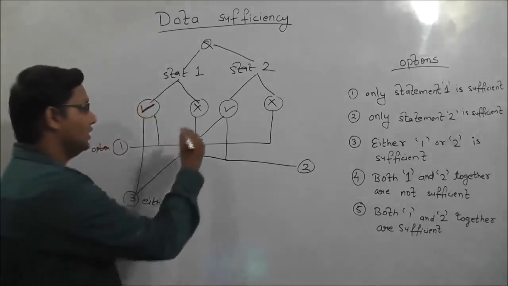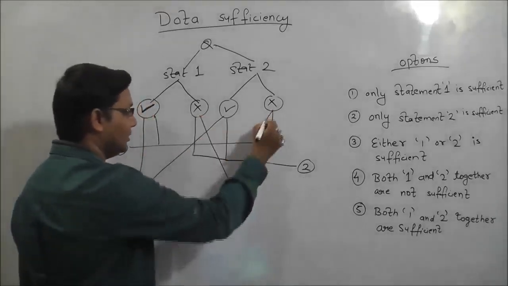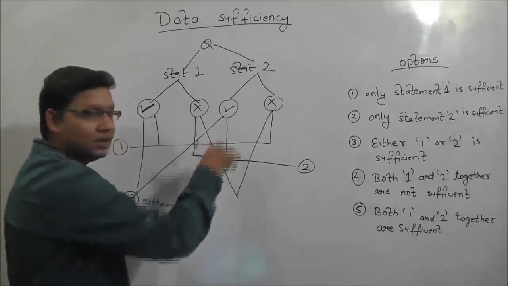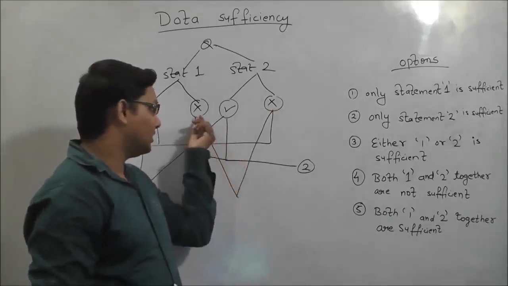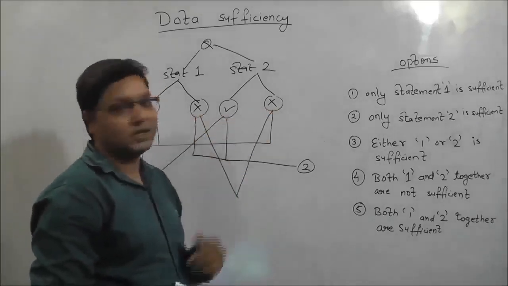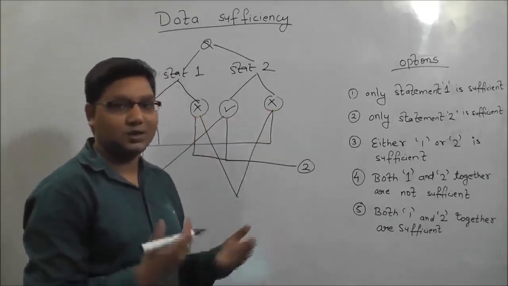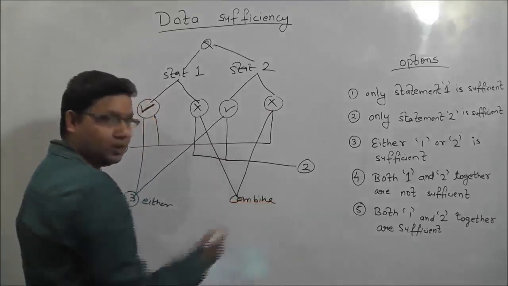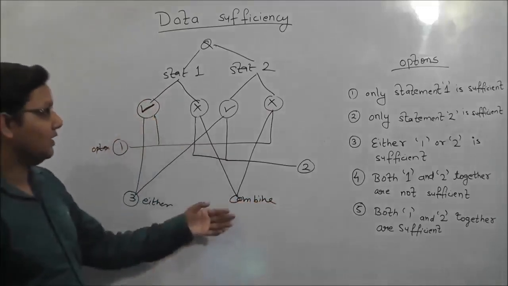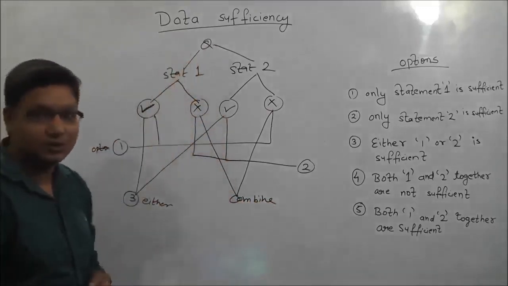If both are not able to give the answer alone, this alone cannot give the answer, and this also cannot give the answer alone, what to do? Combine the statements. Combine the data of these statements, and then try to get the answer to the question.